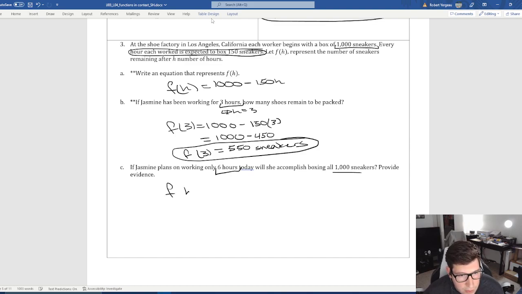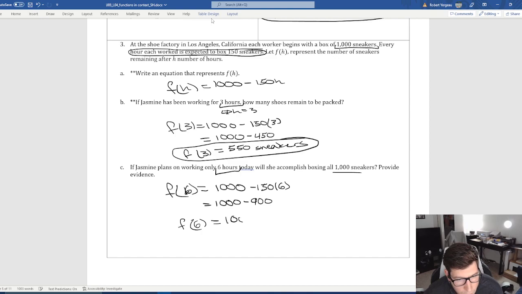F of 6 is going to equal 1,000 minus 150 times 6. It's going to be 1,000 minus 900. And so f of 6 is going to be equal to 100. Specifically, 100 sneakers. And because this number is positive and non-zero, that means no.